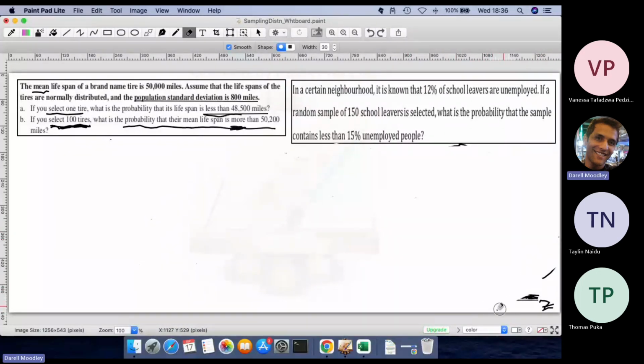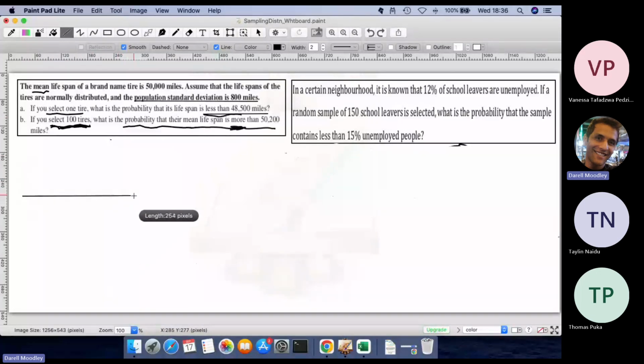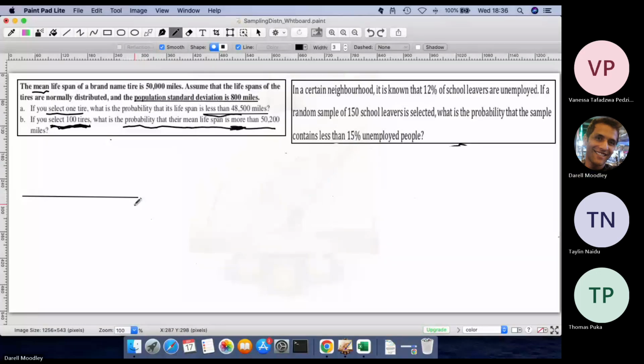Okay, so the last part of what I've just shown you is that if you're given the sample mean, X bar, it follows a normal distribution, and the center of that distribution is mu.